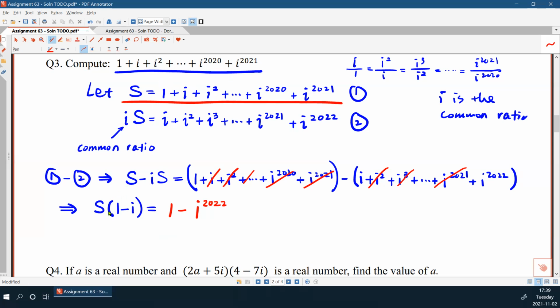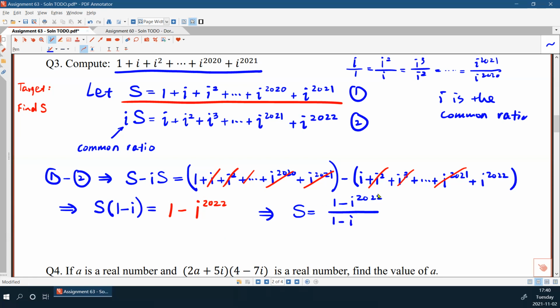So from here, we can divide both sides by i minus 1. So S is (1 minus i to the power of 2022) over (1 minus i).